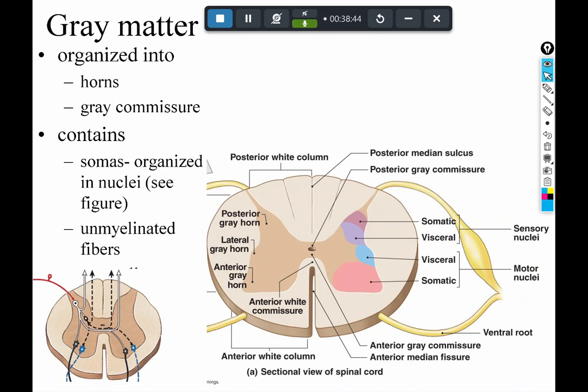So I've discussed this before, but a commissure is an area where decussation happens. And decussation is defined as crossing over of a neural signal from one side of the body to another.